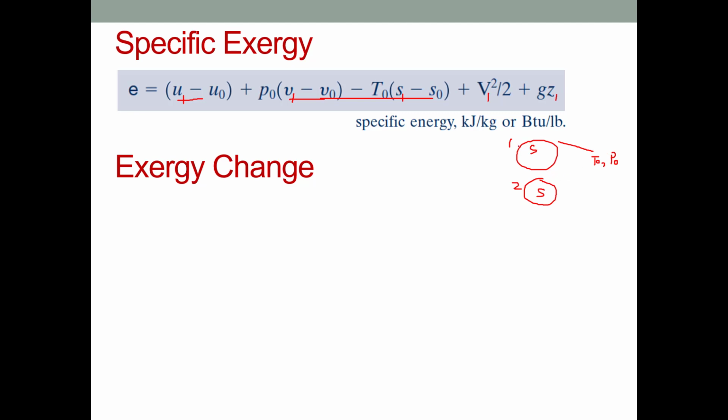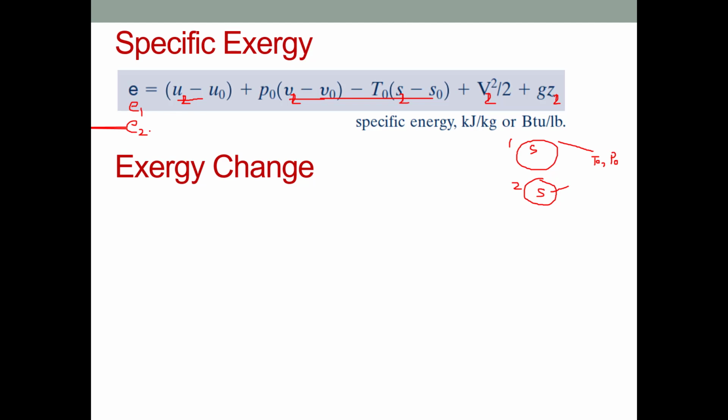Let's say now the system has changed its state, state 1 to state 2. Now what's the new exergy? New exergy, let's say E2, would be U2, V2, S2, right, V2 and Z2. So this would be the exergy of the system at state 2. So E1 is the exergy at state 1, E2 is the exergy at state 2.